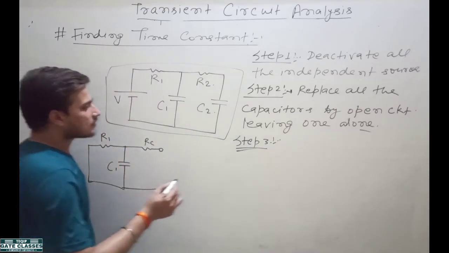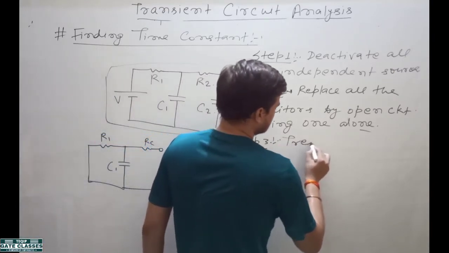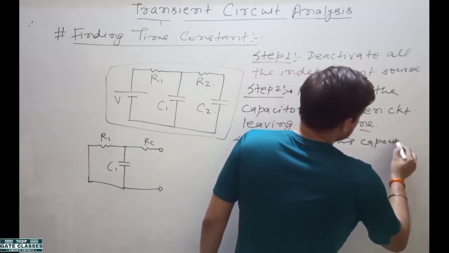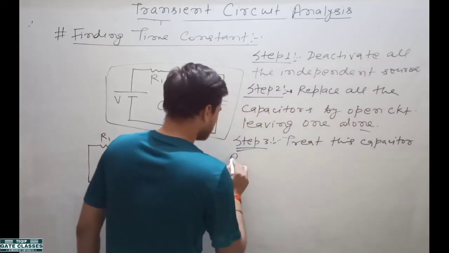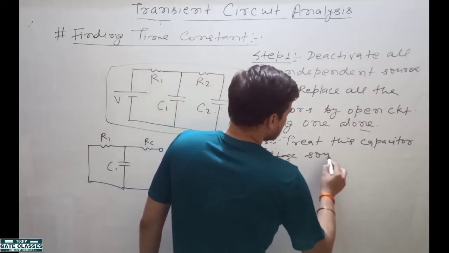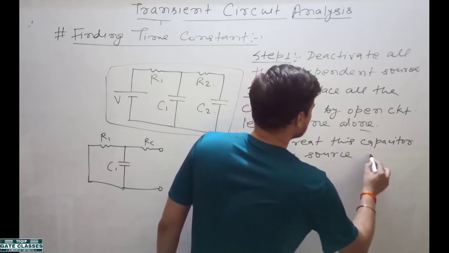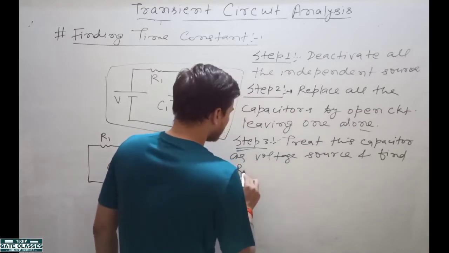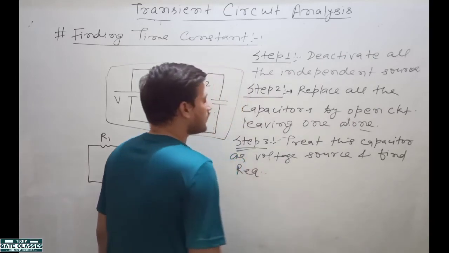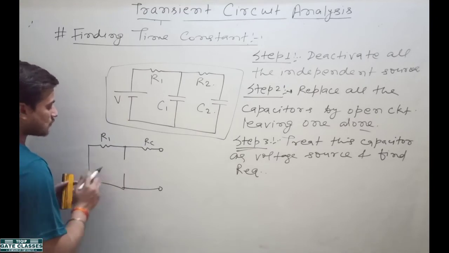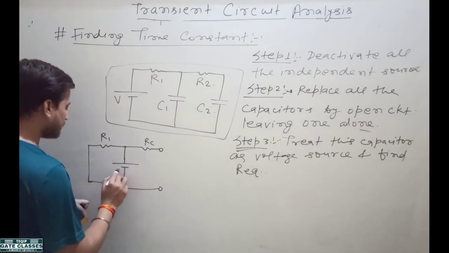Step 3: Treat this capacitor as voltage source and find R equivalent. Now you have to treat this capacitor as voltage source V1.